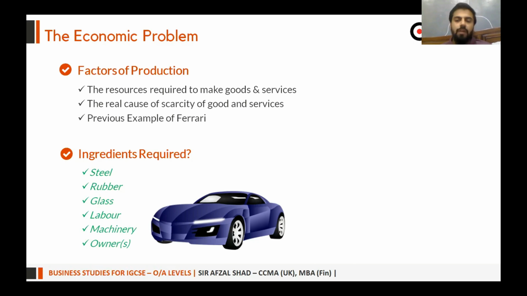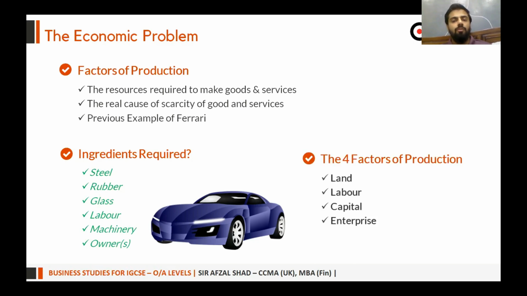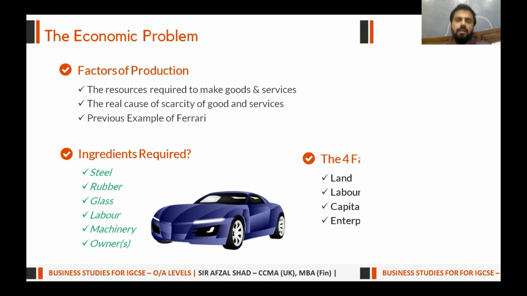We can divide the factors of production into 4 major parts: land, labor, capital, and enterprise. We'll discuss all of these 4 one by one in the next slide.